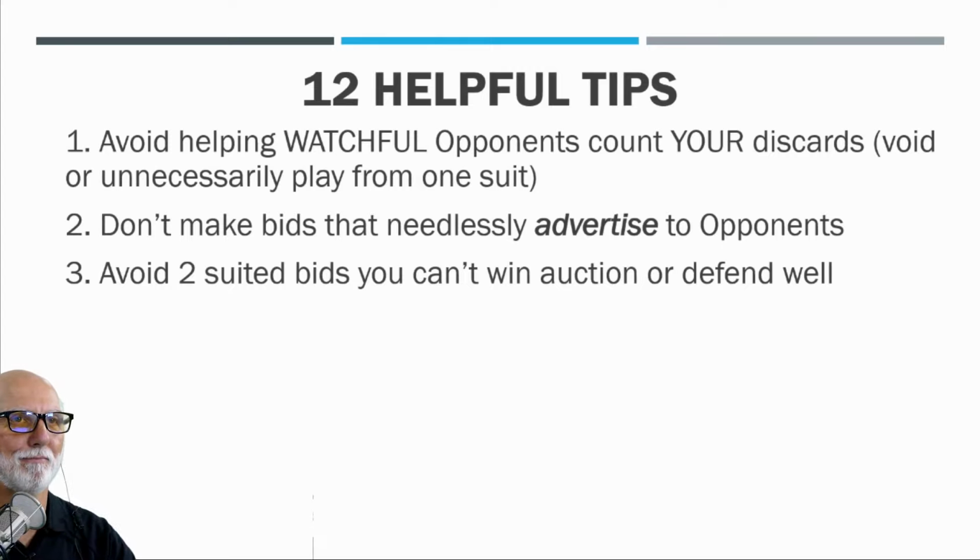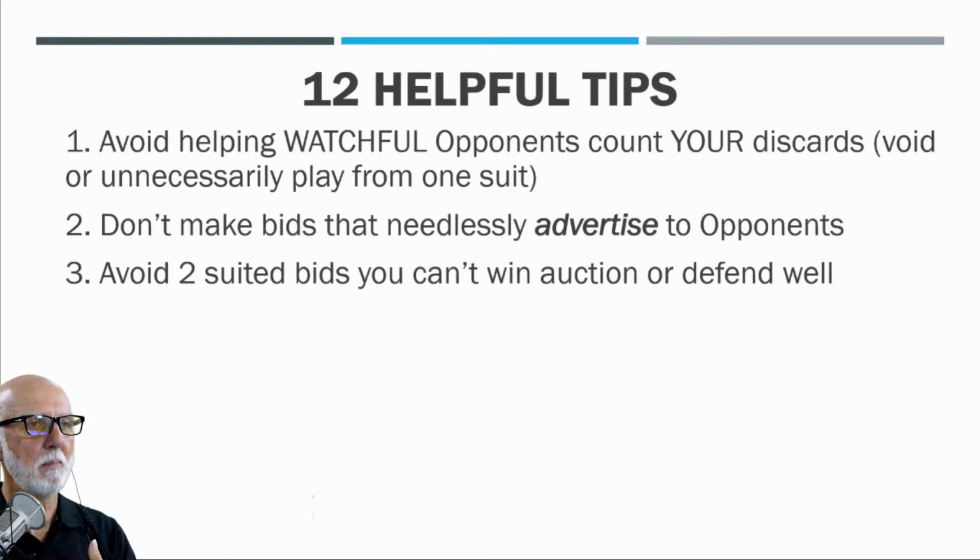Okay, number 3, we want to avoid two suited bids if you know you can't win the auction. So if you've got no points and we're vulnerable versus not, you certainly wouldn't want to be showing those hands anyway. But if you're familiar with the Michaels cue bids or unusual two no trumps that show two suited hands, don't advertise those to good opponents, because they'll say, oh, this person has 5-5.